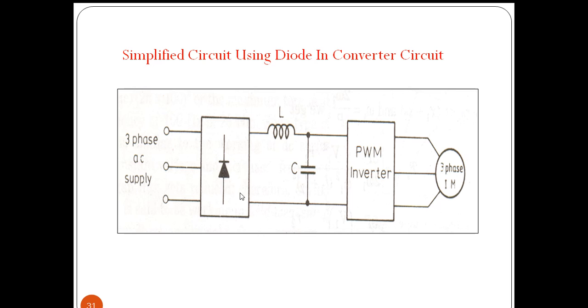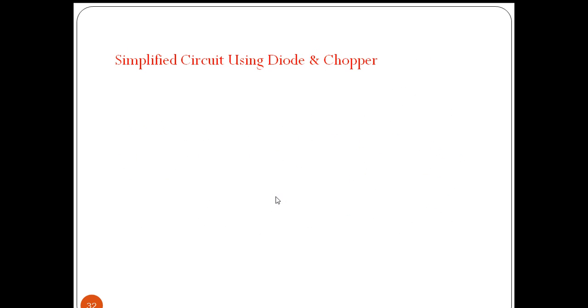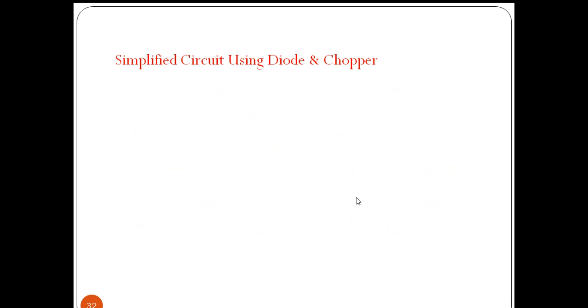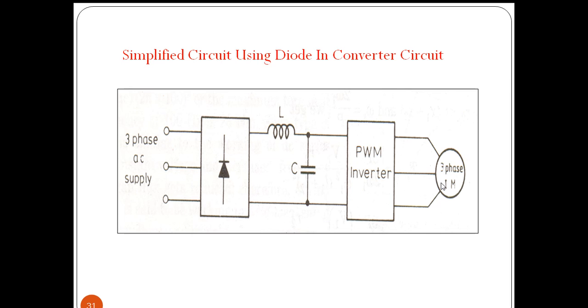As soon as the diodes get forward biased, this AC will be converted to DC, and the produced DC will be given to this LC filter circuit, and this DC will be given to the PWM inverter, pulse width modulation inverter, and this inverter will convert the DC to AC, and the produced AC will be given as input to the three-phase induction motor. Accordingly, the induction motor will run at the required speed.